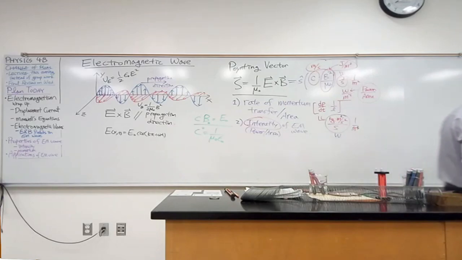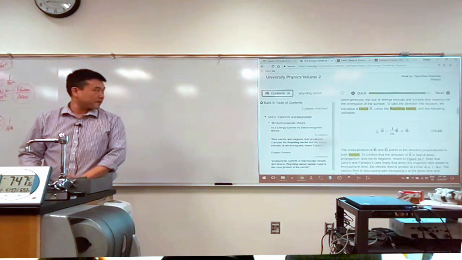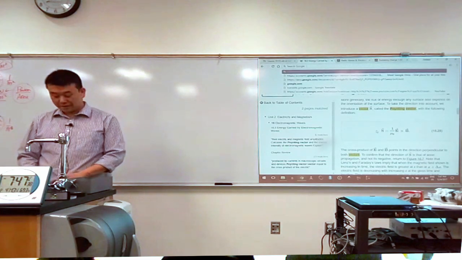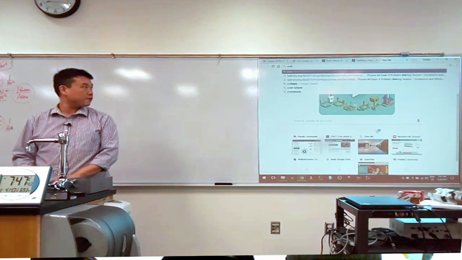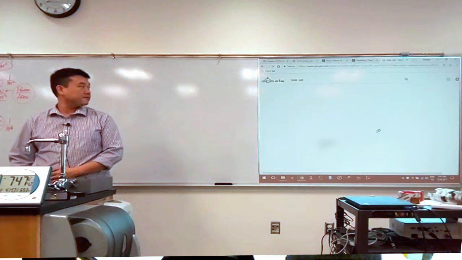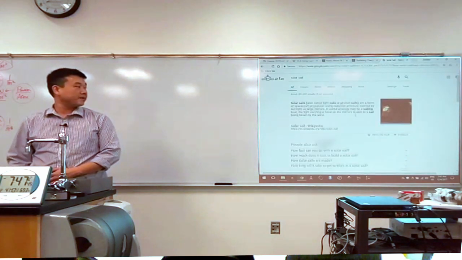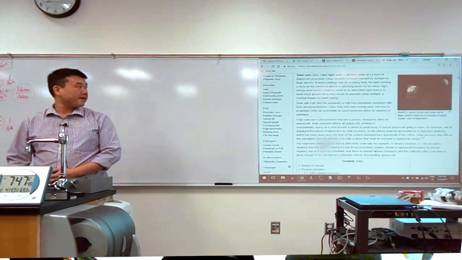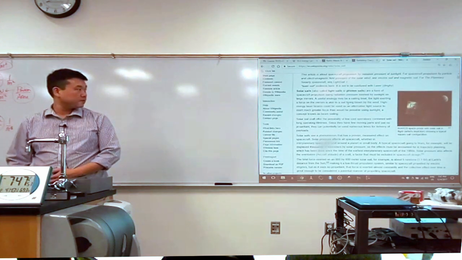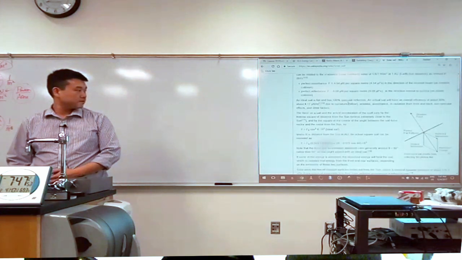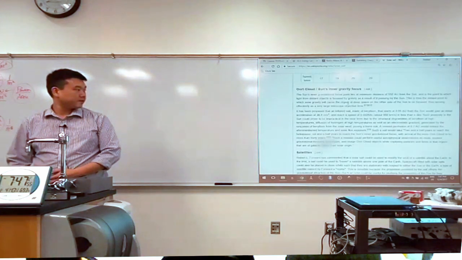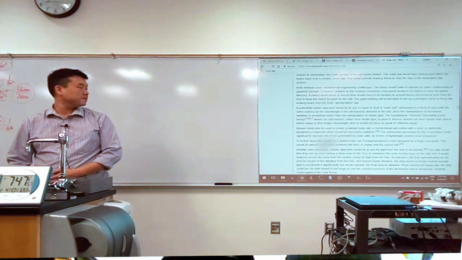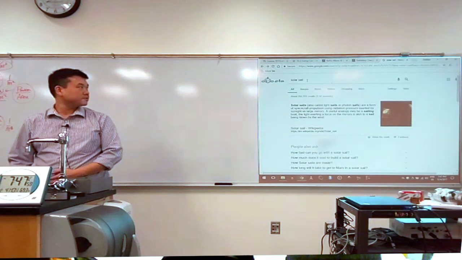This is a pretty unusual application, but it's an interesting one. If you Google solar sail, then you will see what that's about. It's a sail that operates by, there was a good picture of it somewhere. Let me Google search Icarus.